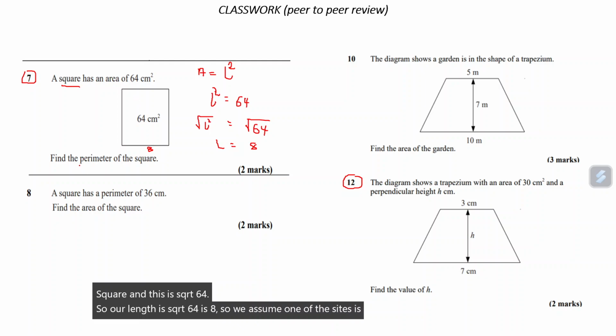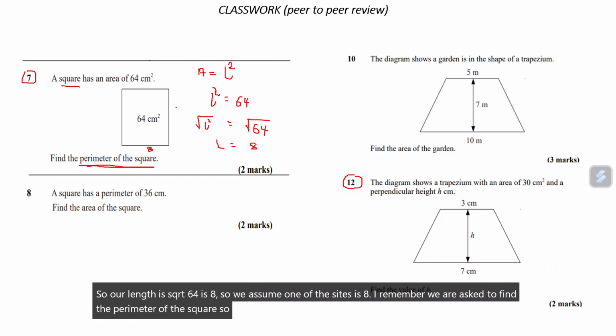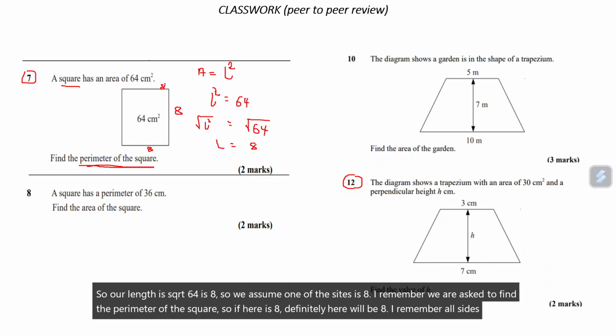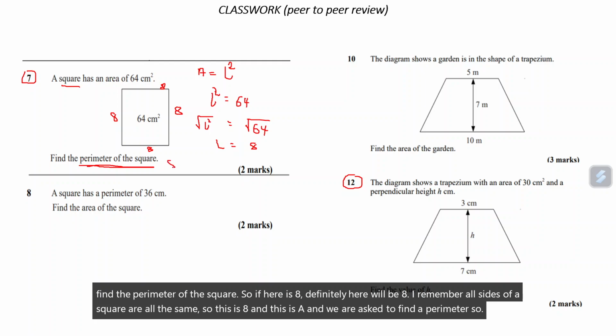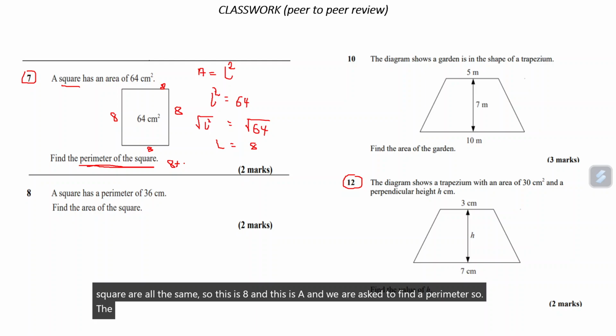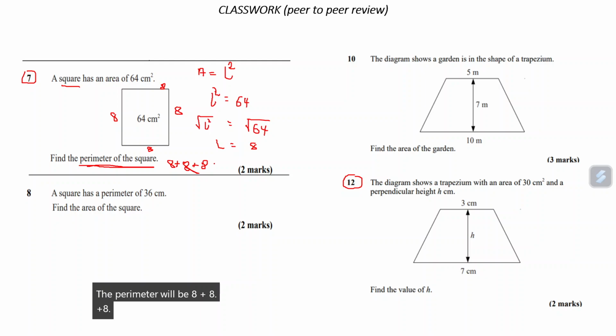And remember, we are asked to find the perimeter of the square. So if here is 8, definitely here will be 8. And remember, all sides of a square are the same. So this is 8 and this is 8. To find the perimeter will be 8 plus 8 plus 8 plus 8.